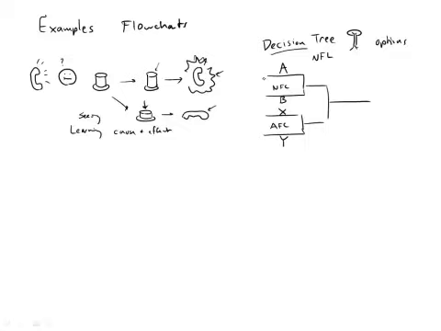Now, the decision tree says if A and B play each other and A wins, we've made a decision. And X and Y play each other and X wins. We've got another decision. And the decision is who's going to play at the Super Bowl.